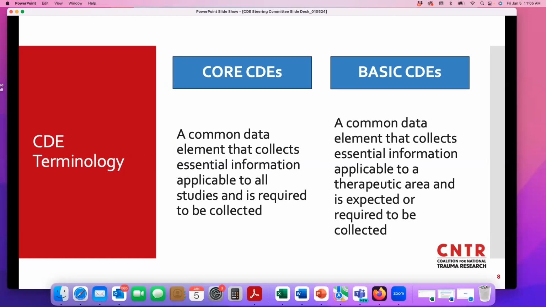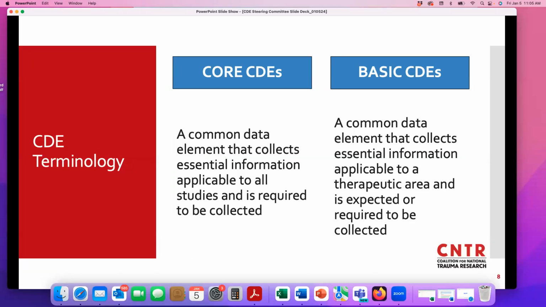And that's essentially how FITBR is set up, with general core, and then in their case they have disease-specific basic CDEs, and we've started with therapeutic specific CDEs.